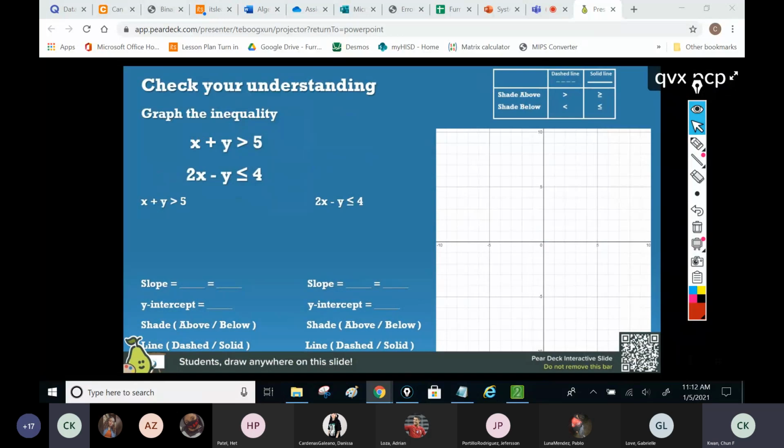On the second inequality, quite a lot of you guys are stuck after you get to the -y. All right, now I'm going to show you guys what to do next. So look at my screen.